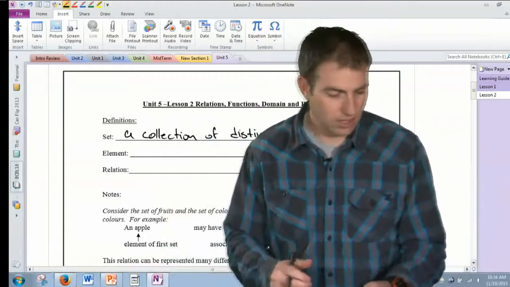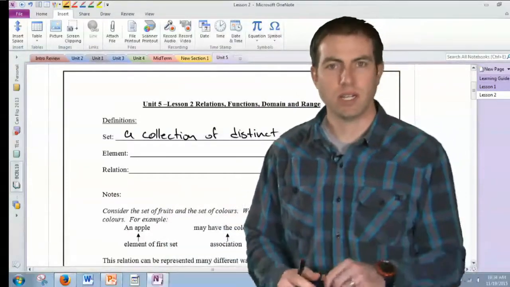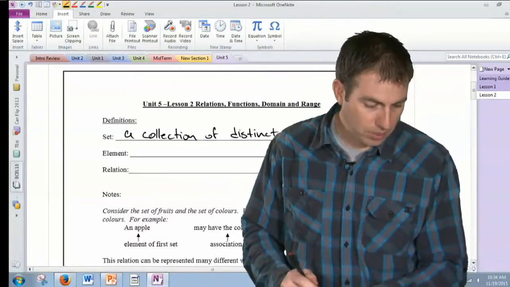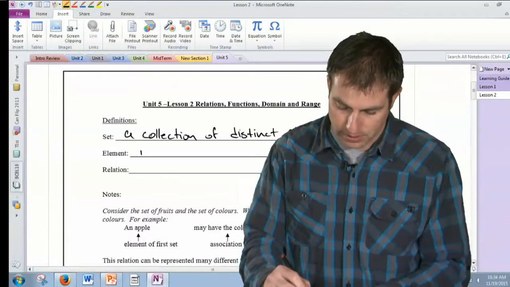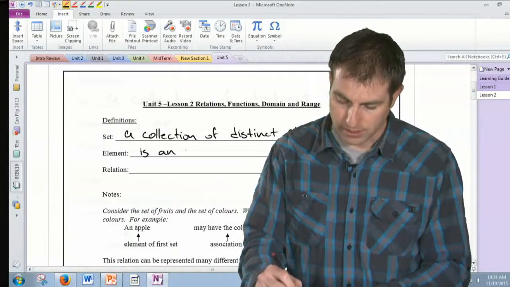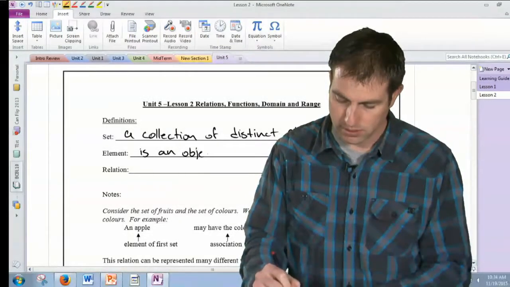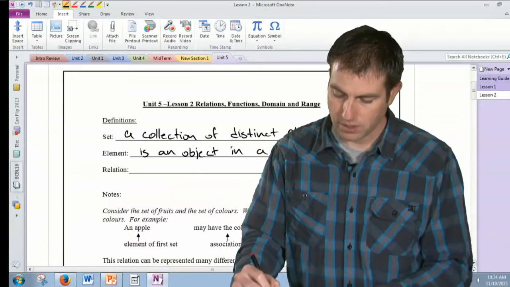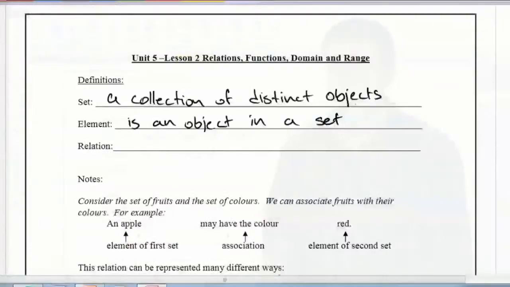Does anybody collect things anymore? Maybe records, MP3s, or video games. An element is an object in a set. So one of the things in the set is the object.